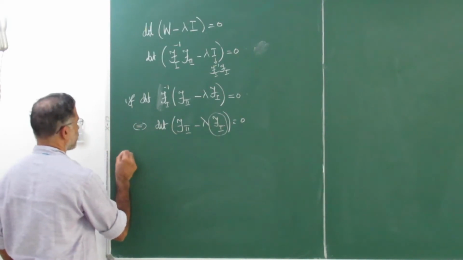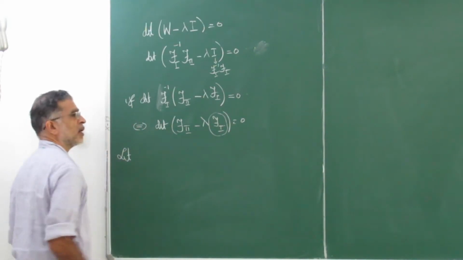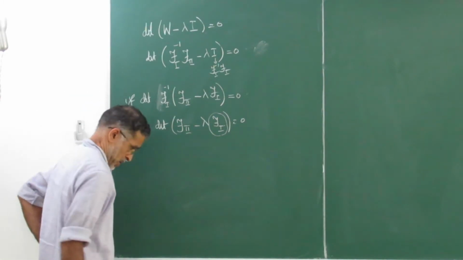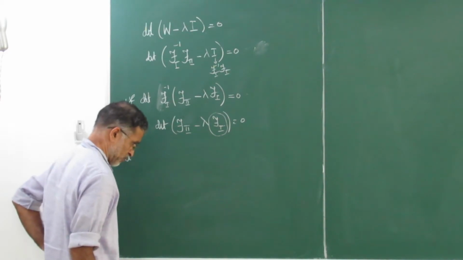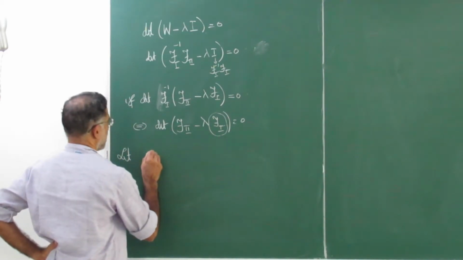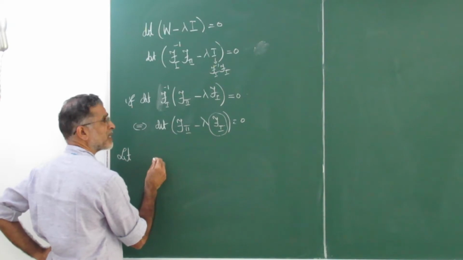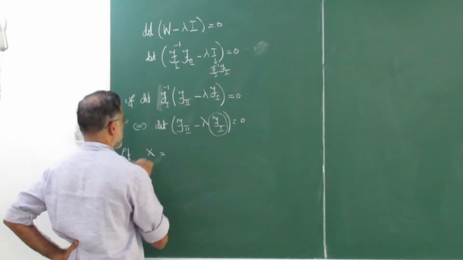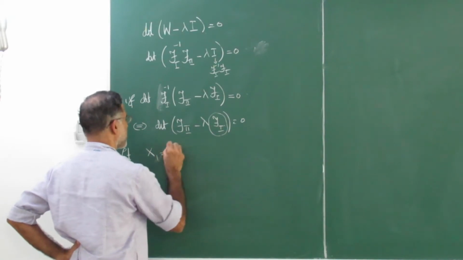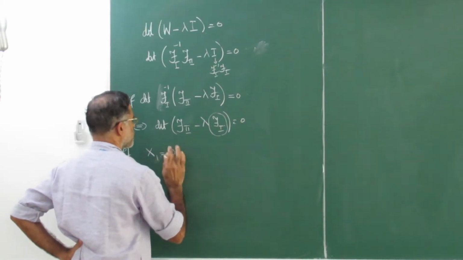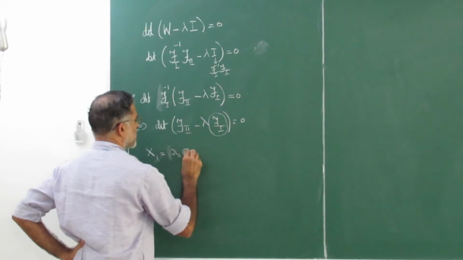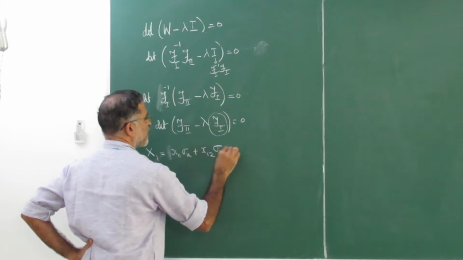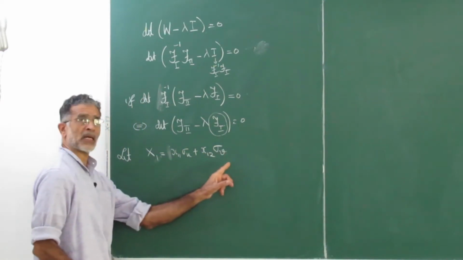So let us start with two vectors. Let me take two vectors and give some notation for them. x1 can be written as x11 sigma u plus x12 sigma v, because any tangent vector can be written as a linear combination.